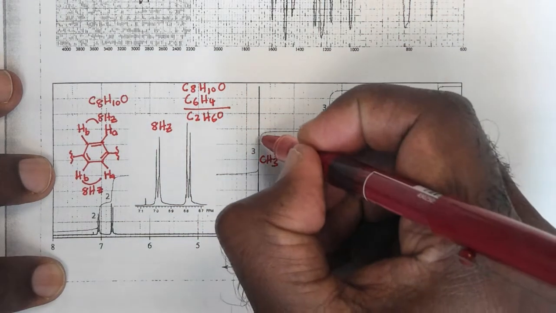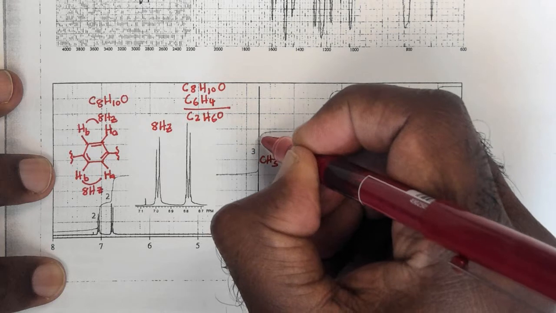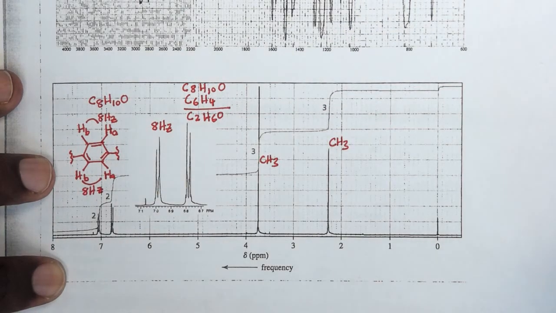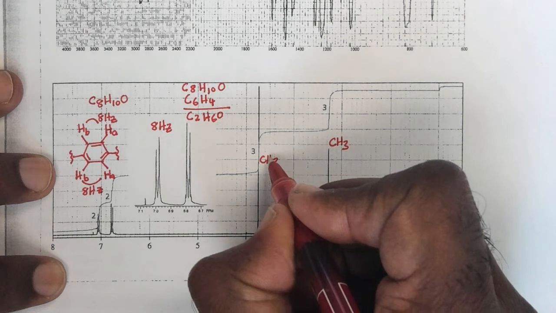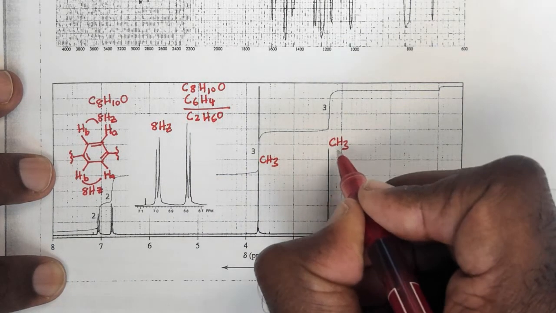Right, so if I use my integration here and I measure the height between there and there, that proportionally is 3 parts to 2 parts. So I have 2 CH3 groups. Now something must have de-shielded this methyl group much more than that methyl group.